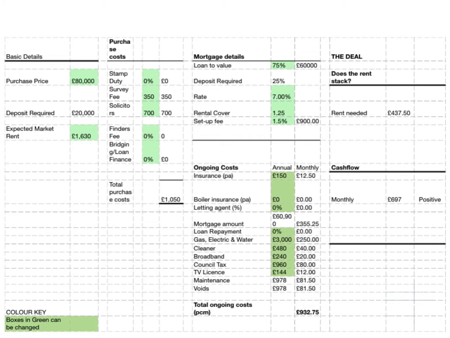So if we then move on to the second column, which is the purchase information, so we've got stamp duty. In this case, it's below the stamp duty threshold. We don't need to put a cost in there. It's 0%. We might need to get a survey done if we're getting a mortgage. So you might have a survey cost of, let's say, an estimated cost of around £350, and some solicitor costs for your purchase, maybe around £700, somewhere in that region.